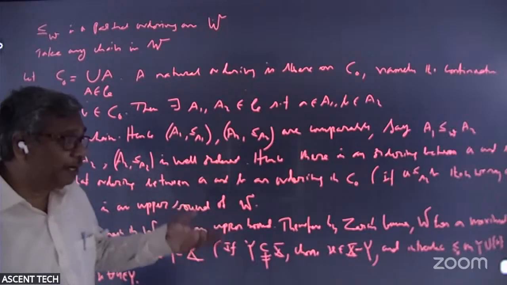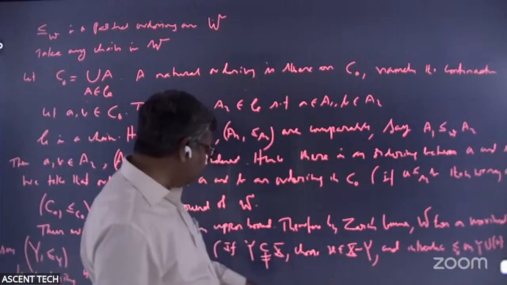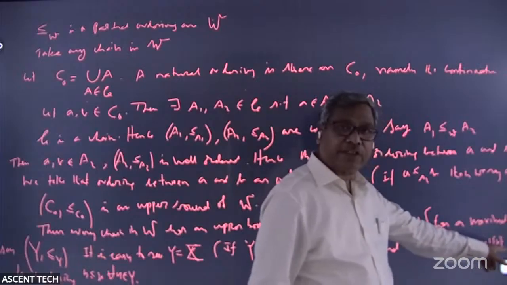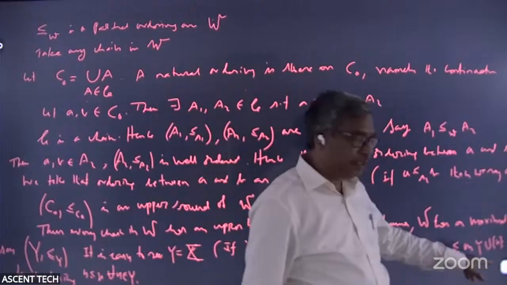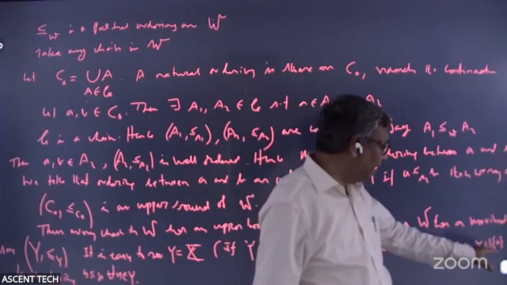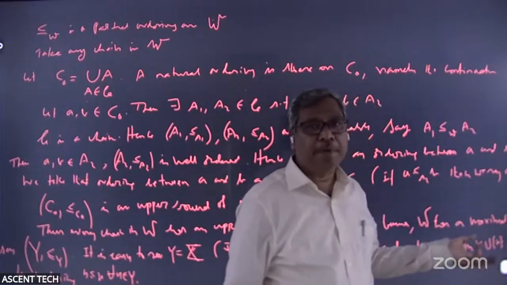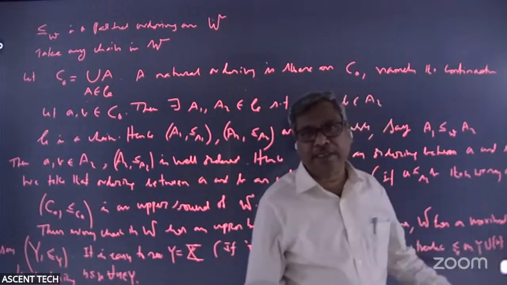If you take any two elements in this extension, y union x, where x is bigger than y: if both are in y, they are always comparable. If something in y and x is taken, then x is bigger than everything else, so that's comparable. If both are x, they are also comparable.